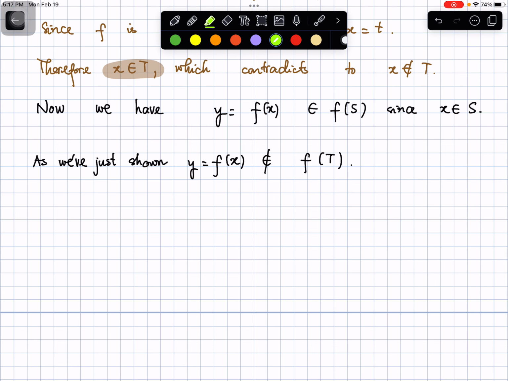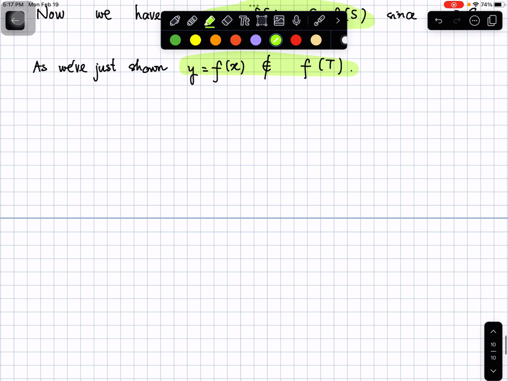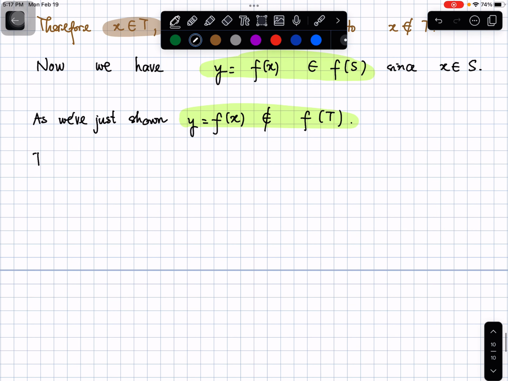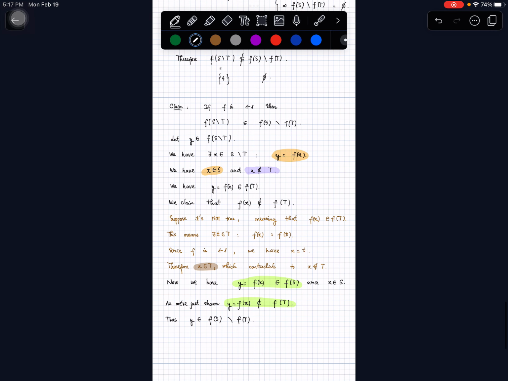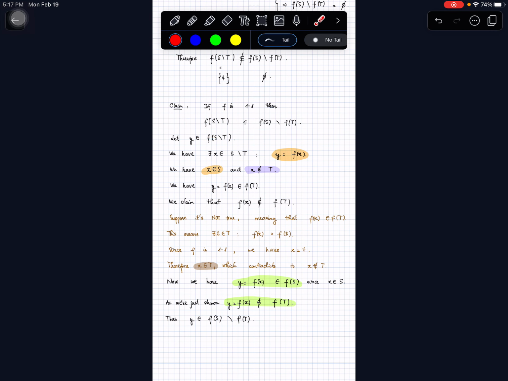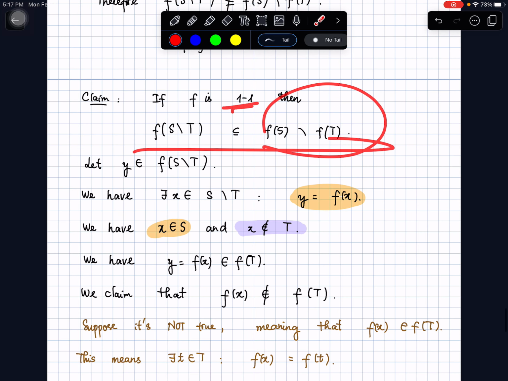So we have y in f(S), y not in f(T), and therefore y is in f(S) minus f(T). We start with y in this set, and we show that y is in the other set. So we have this containment when the function is one-to-one.